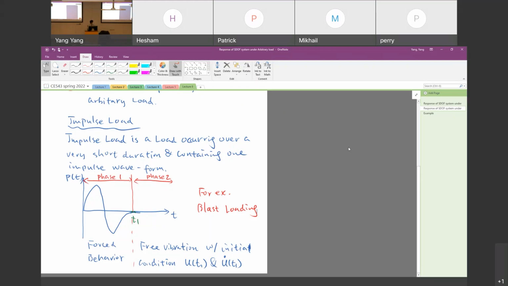So now let's start from the easiest case. The case for blast loading may be more complex. So what's the easiest case? Rectangular.